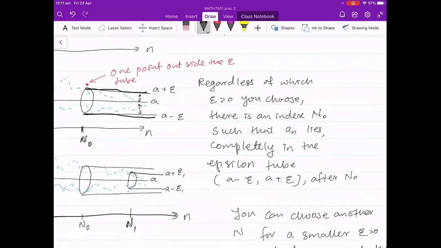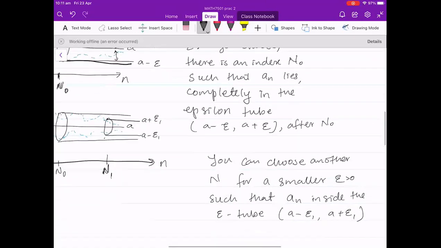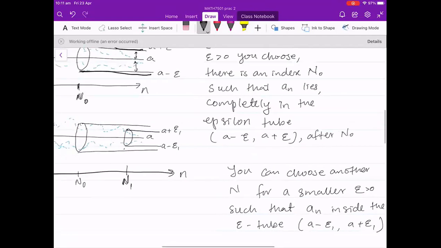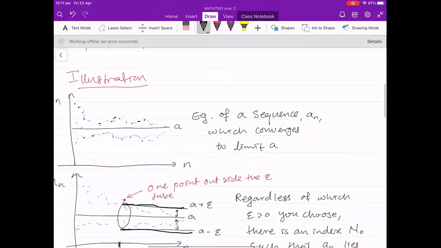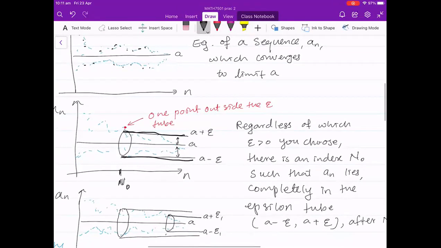So intuitively, that's the definition of epsilon-N. Okay, is there any question? However small the epsilon is, you can still choose a positive integer beyond which the values of the sequence lie within a bounded region. Okay, that's the definition. Any question?